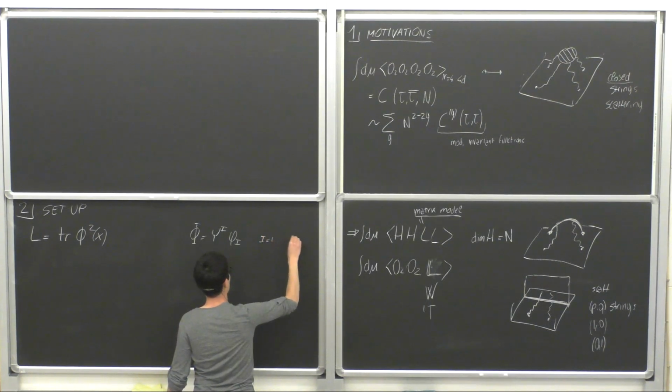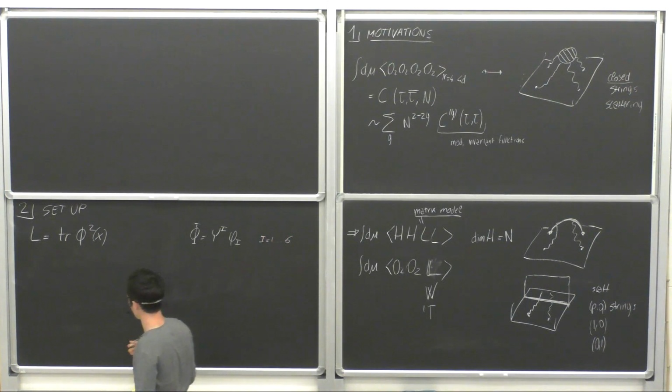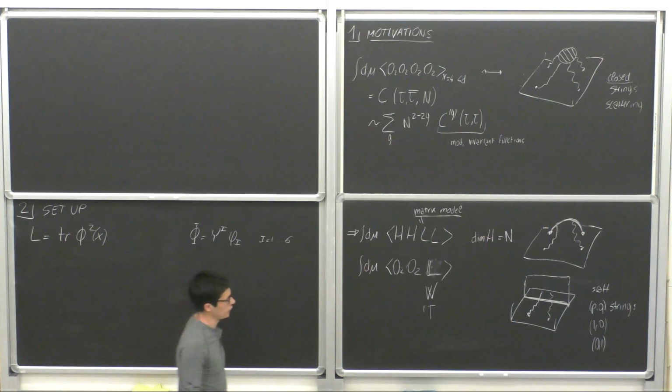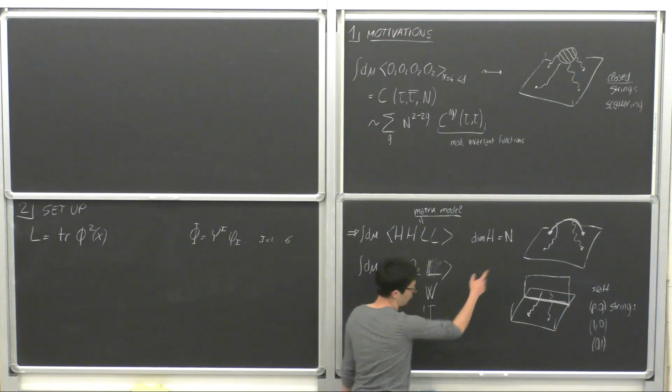So I goes from 1 to 6. And this is a perfectly well-defined gauge invariant operator. Its conformal dimension is fixed to be 2 because it's 1/2 BPS. This is also contained in the stress tensor multiplet. So in the dual picture it corresponds to a scalar field which is in the same multiplet as the graviton.